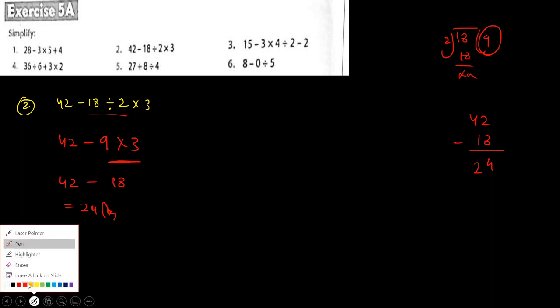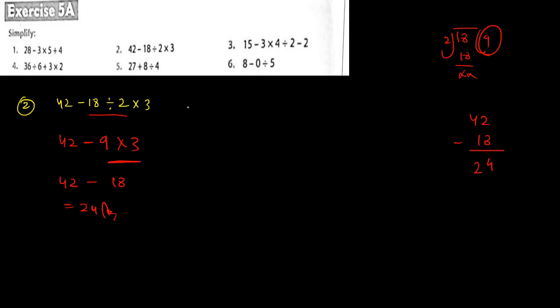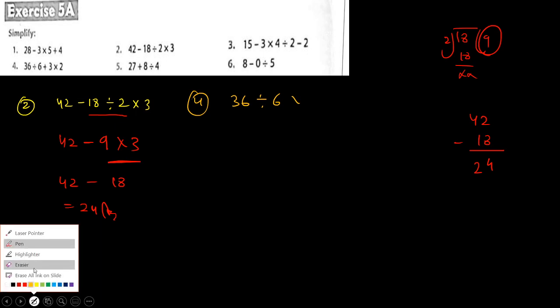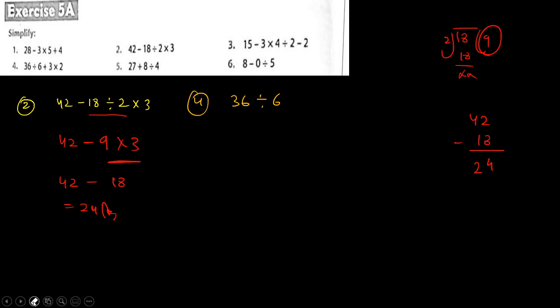Now let us do the next question. Let's do 4. 36 divided by 6, then plus 3 into 2. First we will do division.